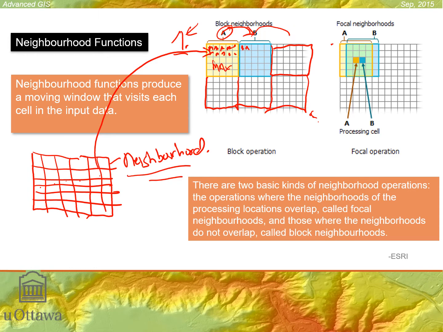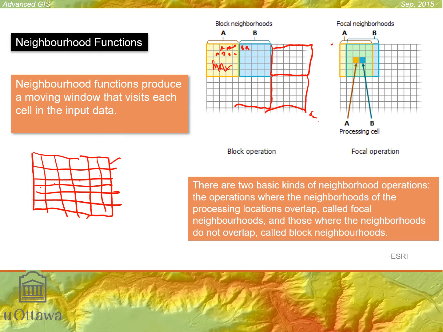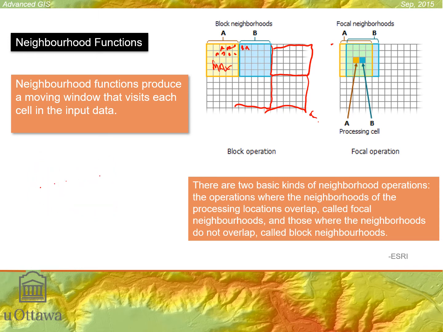And these are called block neighborhoods because each neighborhood contains an exclusive set of non-overlapping cells. The block itself is moved across the entire raster, always assigning some summary value within each block to every cell within each block, and that then becomes the output raster.